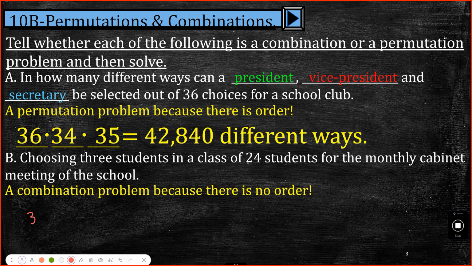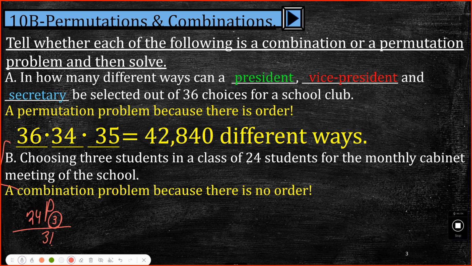How many students are there in this class? 24. So out of 24 students, we're going to pick 3. It's a permutation that we're going to make a combination by dividing by how many people you chose, factorial. 3 factorial.